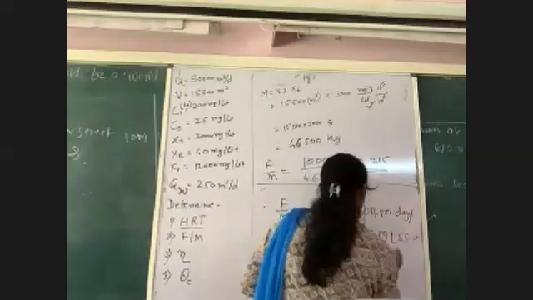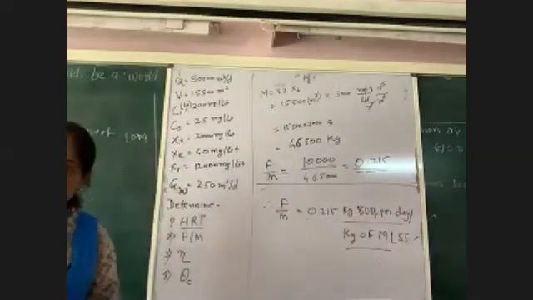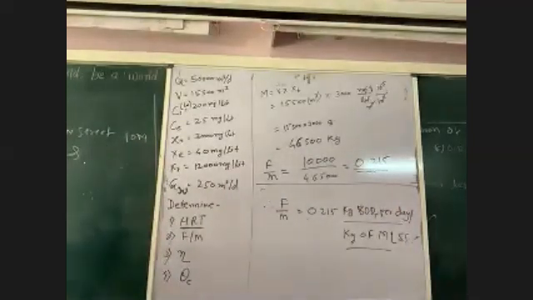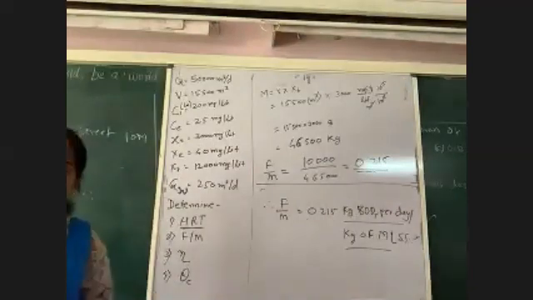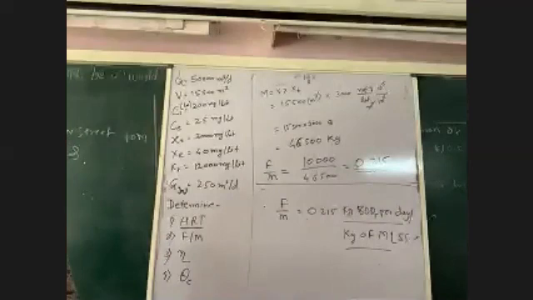This is the unit being used to report, to demonstrate the food to microorganism ratio. So that's why I told you, someone was asking about the per day remaining over there, but this will be the reading format for the food to microorganism ratio. Is that clear, please?